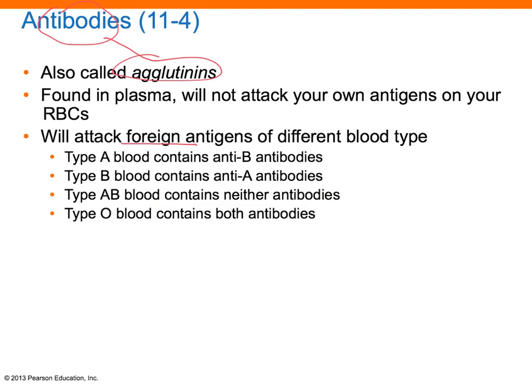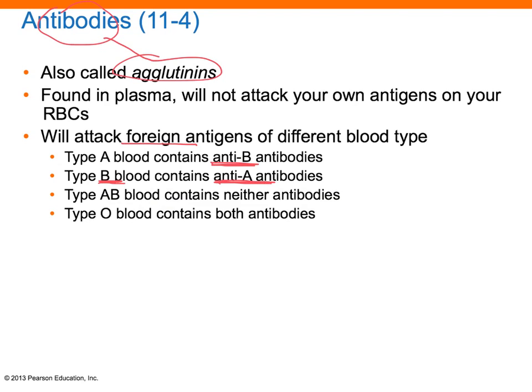So if you are type A blood, then your plasma will contain anti-B antibodies. If you are B blood, of course you won't have anti-B because you're B blood, but you will have anti-A antibodies. So if A blood comes into a person who has the B type, then the anti-A antibodies will grab a hold of it and clump it up.